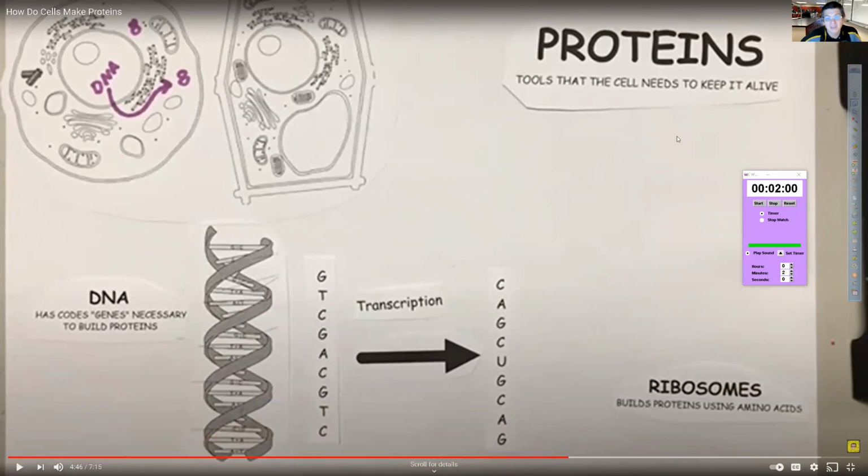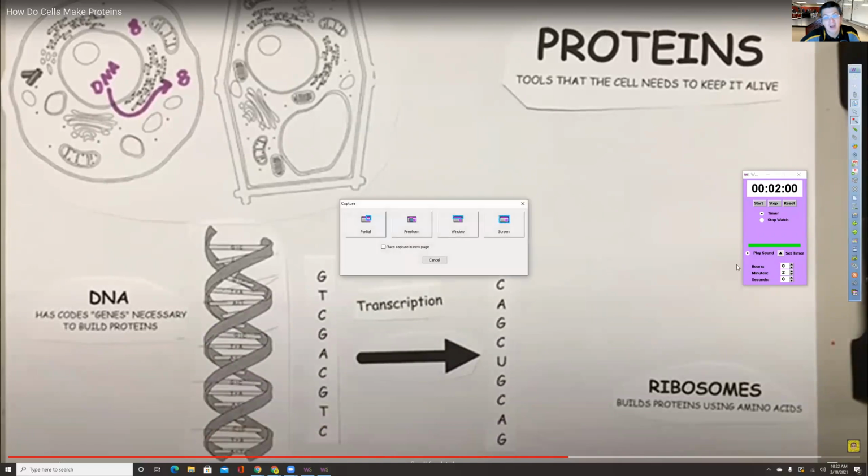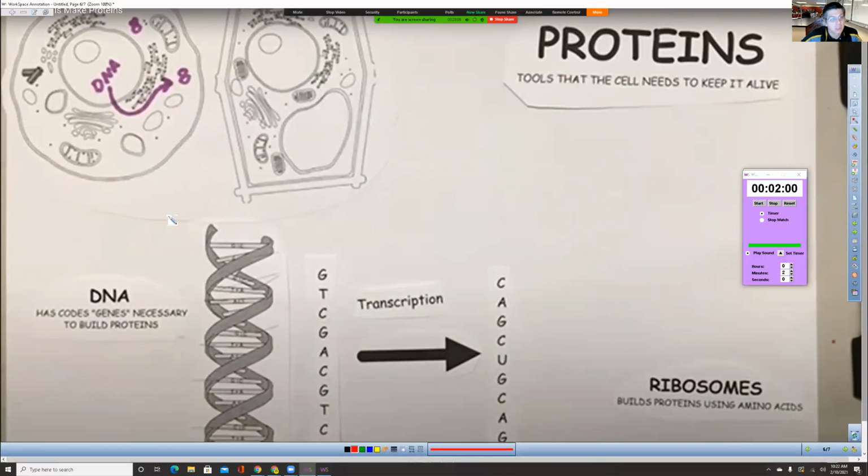Now I just gave you a lot of information right now. So let's just recap. Number one, the DNA is located in the nucleus. The DNA cannot leave. It's protected, it has to stay in the nucleus protected. So somehow these ribosomes, what do the ribosomes do again? What do ribosomes do?